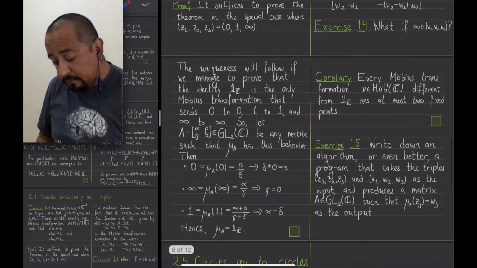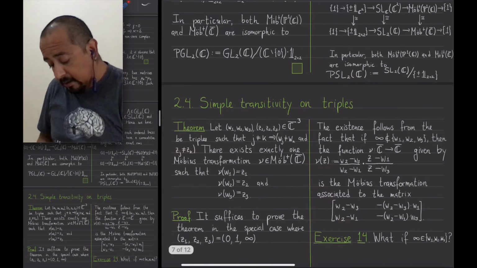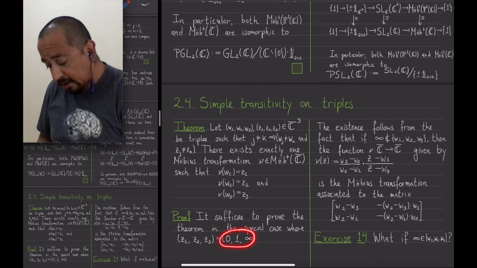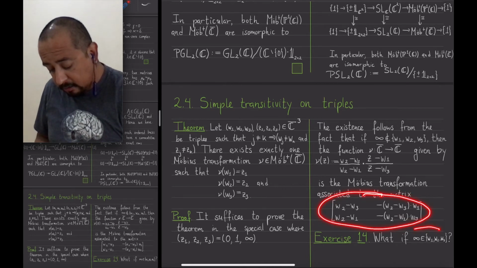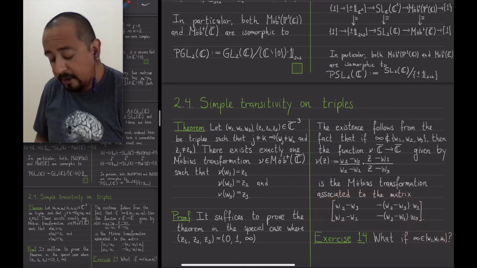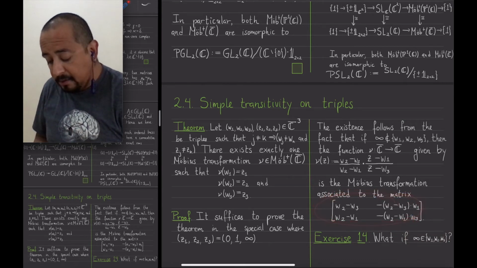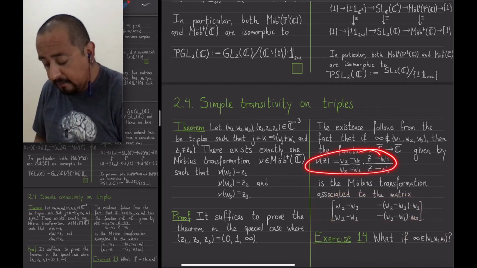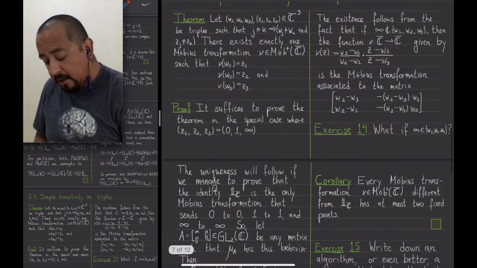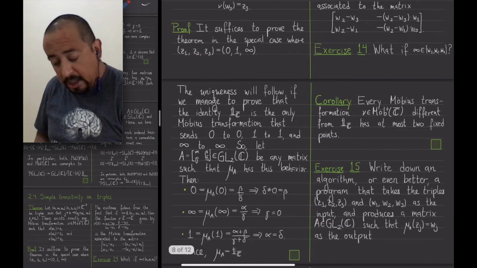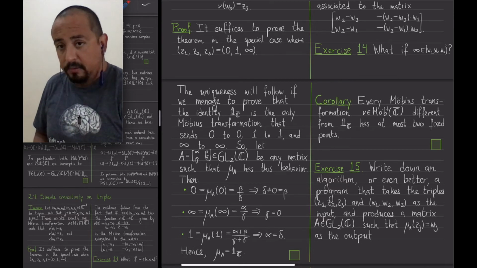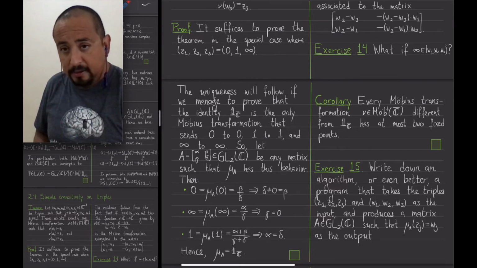Okay, now, so you see, we've seen that in this special case of the theorem, we have actually an explicit matrix, and here also in the exercise I want you to find an explicit matrix whose associated Möbius transformation has the desired behavior. Right? So in other words, we see that it is possible to perform explicit computations.